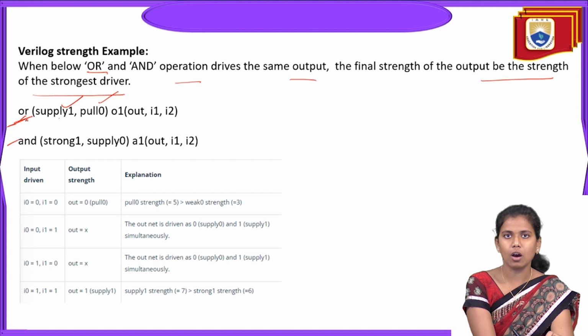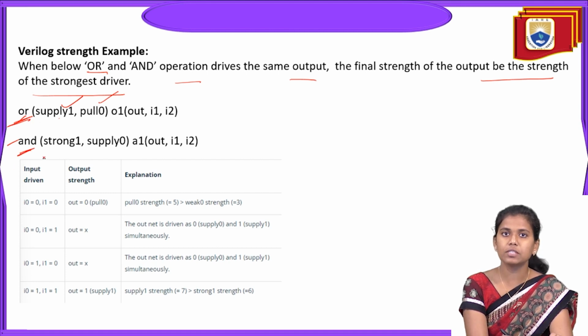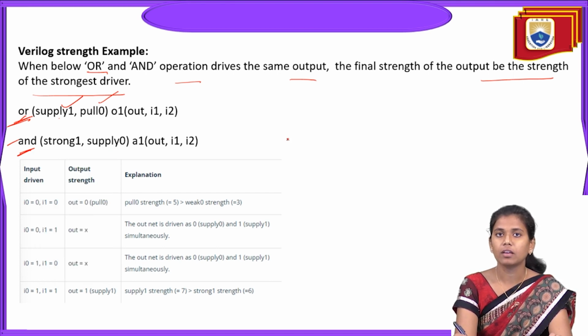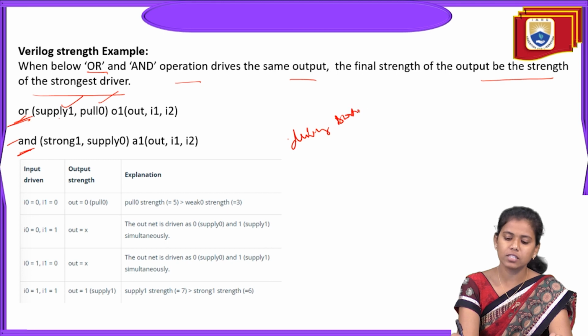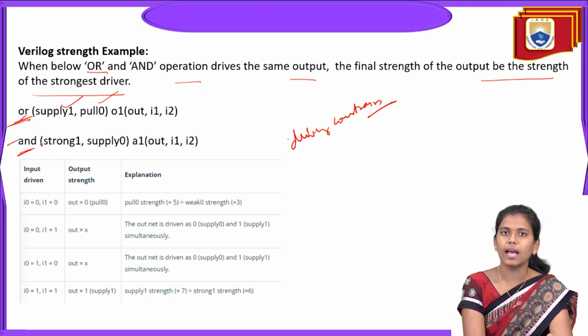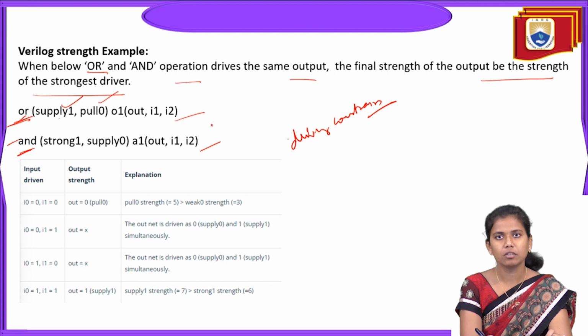This is for the OR gate. When it comes to the AND gate, the strong drive is 1 and the weak drive is 0. We are seeing different driving constraints with respect to AND and OR gates, but here the port list is one and the same.